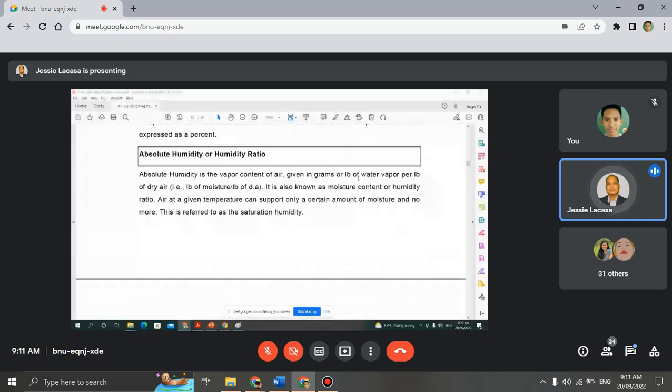While absolute humidity is the vapor content of air given in grams or pound of water vapor per pound of dry air. So based on its definition, in your own words, how can you differentiate the relative humidity and the absolute humidity?